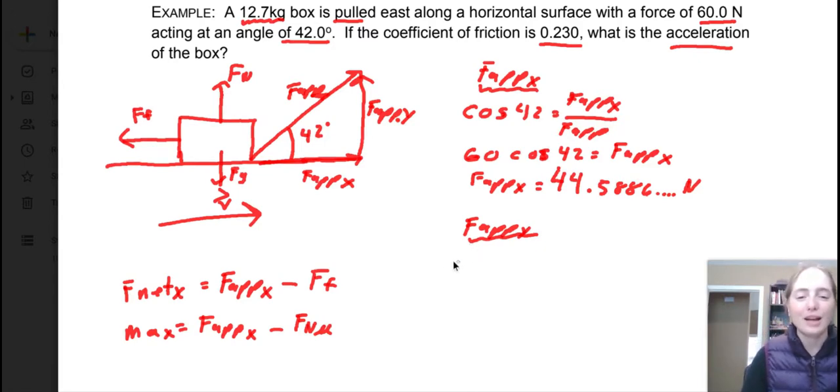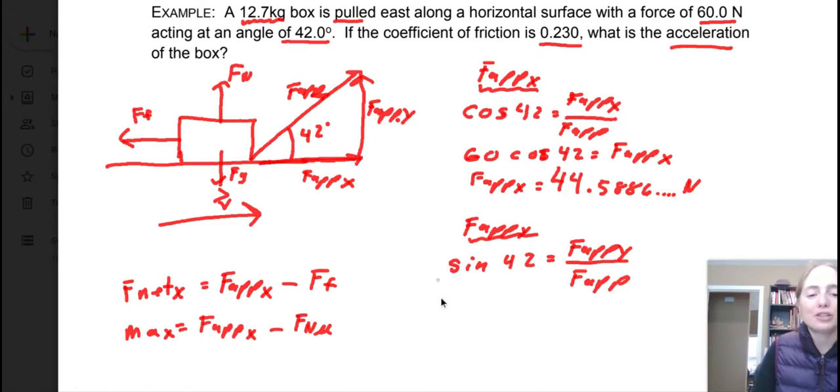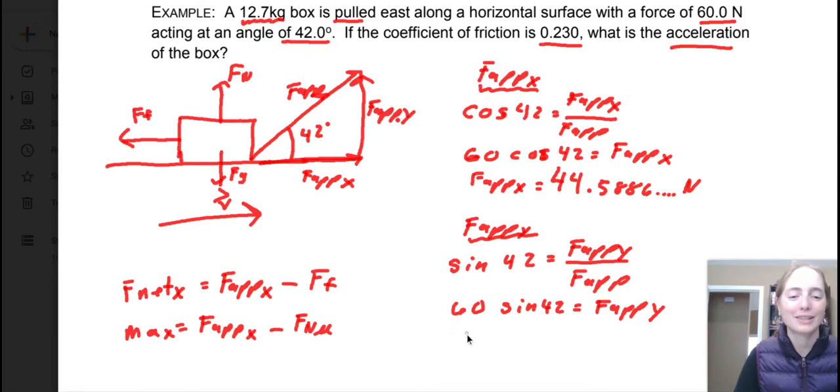So our sine of 42 degrees is going to equal our force applied on the y, divided by the overall force applied. So once we rearrange this, you're going to have 60 times sine 42 is going to equal our force applied on the y. Okay.